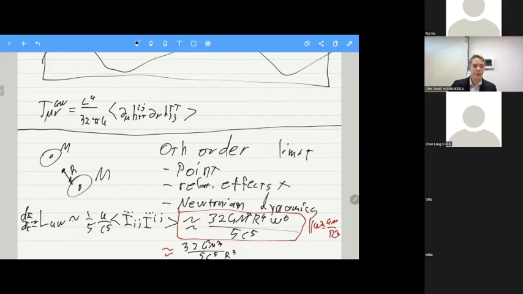Okay, and so we basically solved for a binary system.